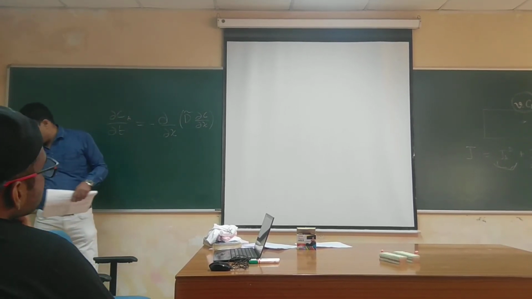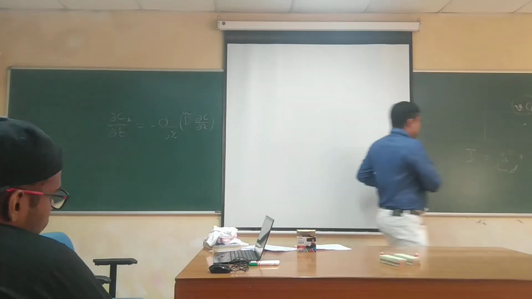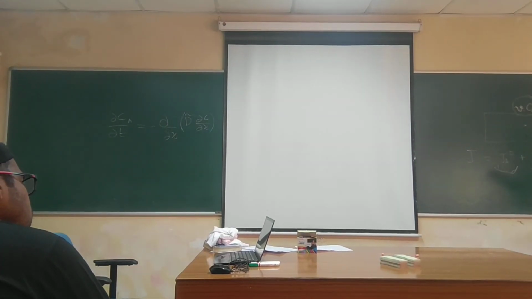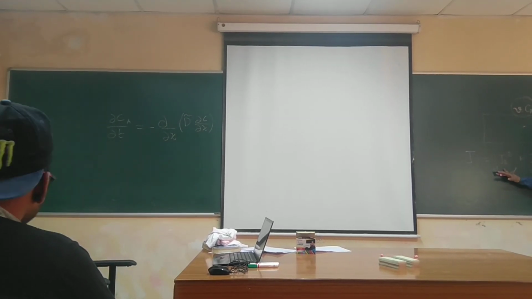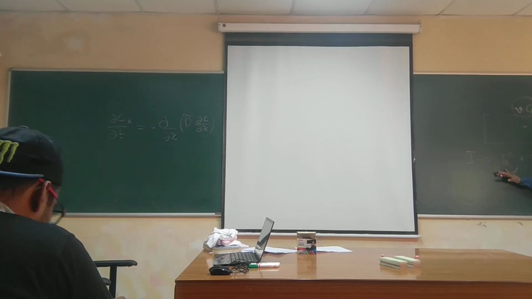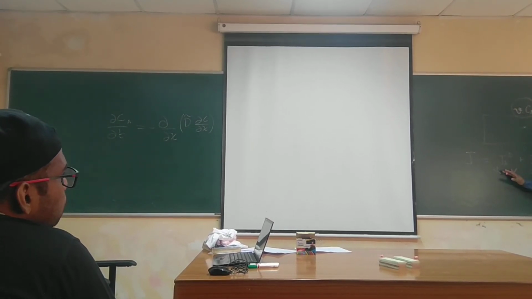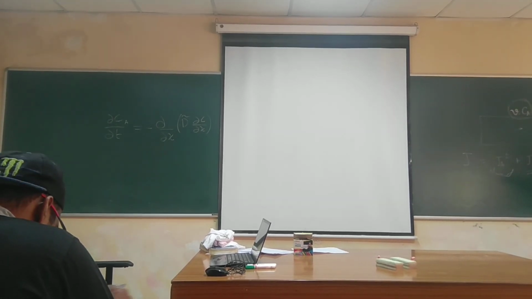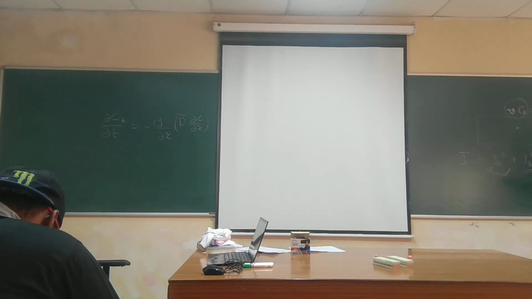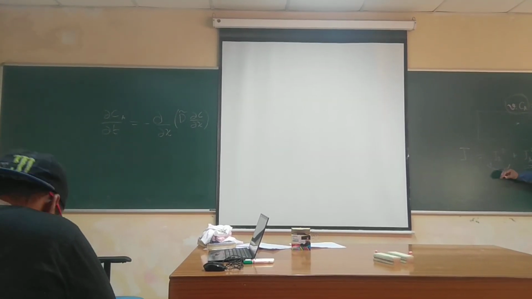What is JAD? You tell me what it is. I told you many times, now you tell. If you are wrong, then I will tell you. Intrinsic flux, under the chemical potential gradient. That is the diffusive flux, the intrinsic flux.